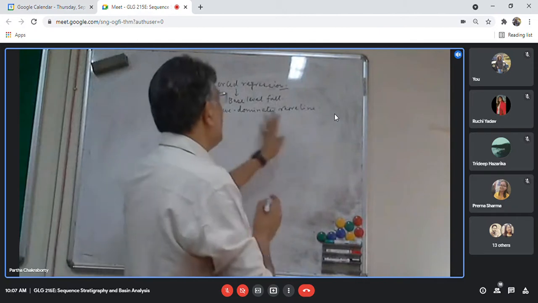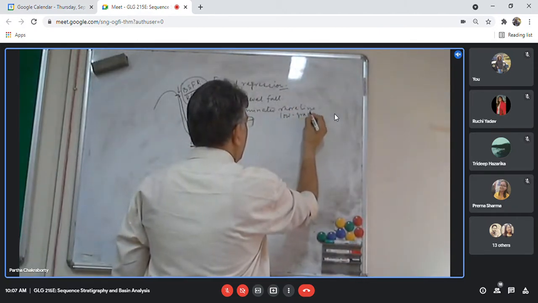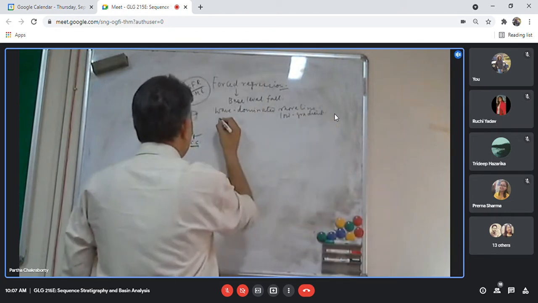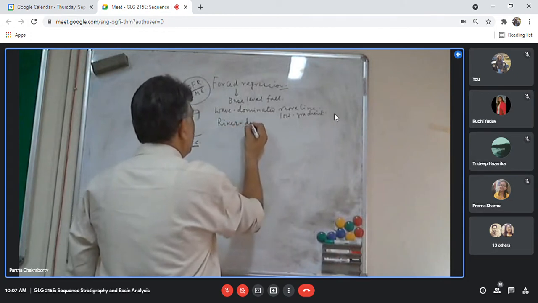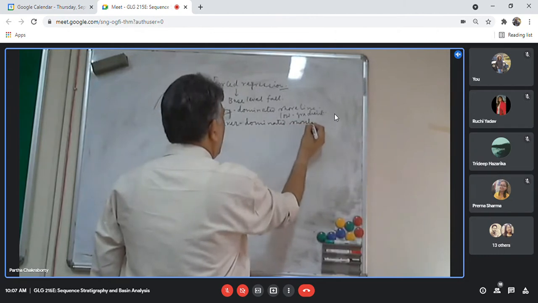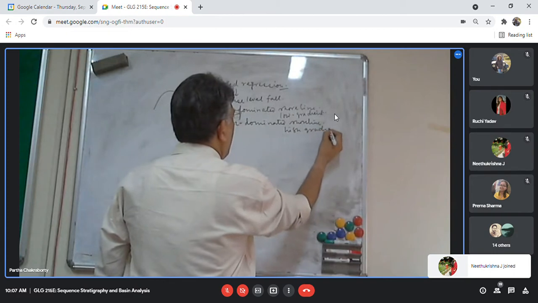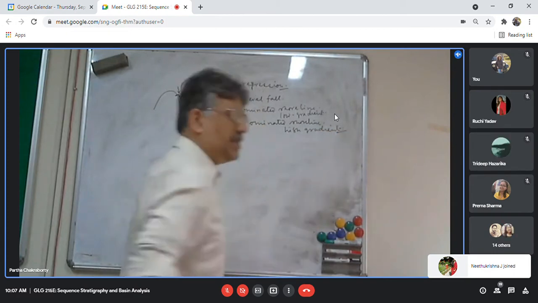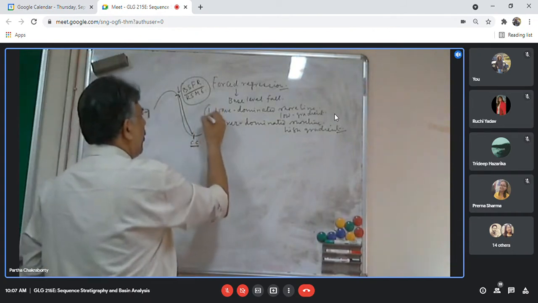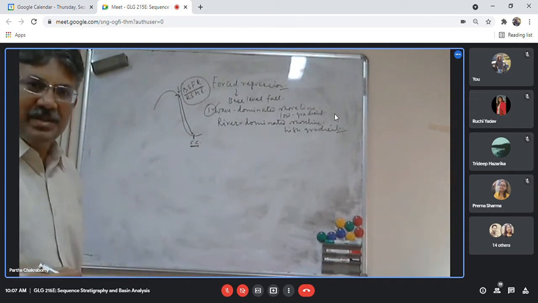One is a wave dominated shoreline, which is low gradient, and another is the river dominated shoreline, which is high gradient. First we will start with what will happen when it is a wave dominated shoreline.